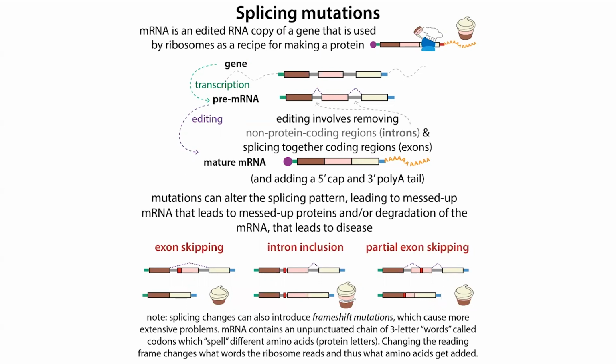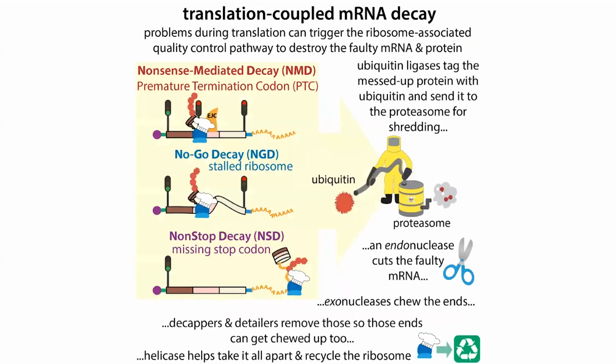So now that we know how these faulty mRNAs can form, let's talk about how we go about taking care of them. As I mentioned, there are several different forms of translation-coupled mRNA decay. The terminology can get kind of confusing. No-go decay or NGD, and non-stop decay or NSD, are more similar to each other than nonsense-mediated decay.